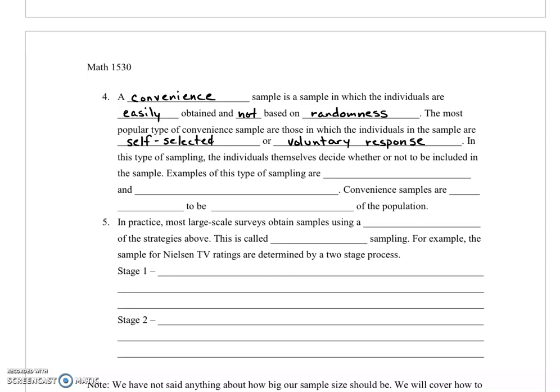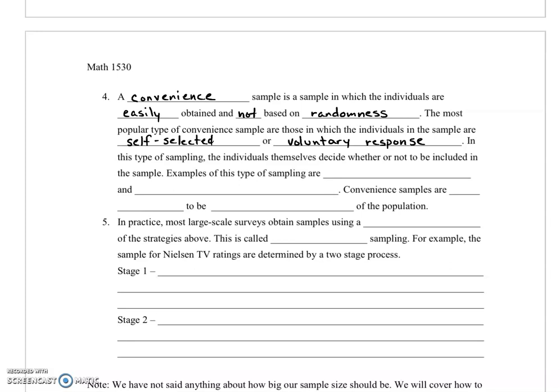So this is pretty much every survey you will ever see. Any survey on a website, because you choose whether or not to participate in that survey, right? So in convenience sampling of the self-selected or voluntary response kind, the individuals themselves decide whether or not to be included. There's nothing forcing you to fill out that survey.